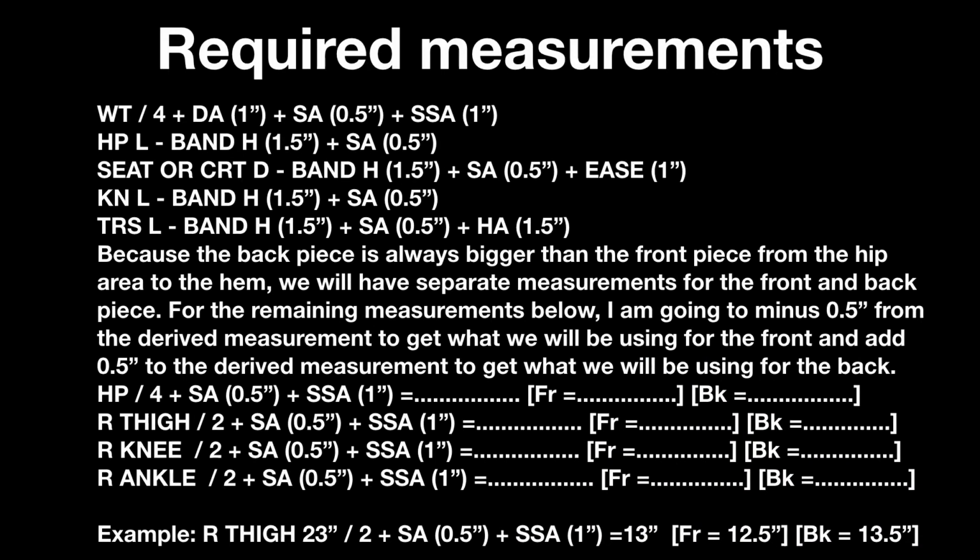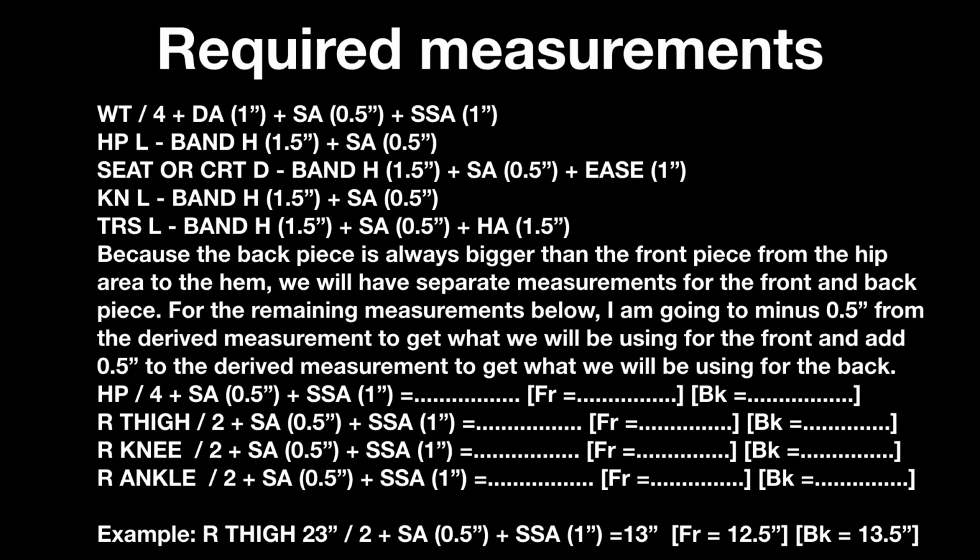My required measurements are waist divided by 4 plus that allowance 1 inch plus sewing allowance 0.5 inch plus side seam allowance 1 inch. Hip length minus band height 1.5 inches plus sewing allowance 0.5 inch.